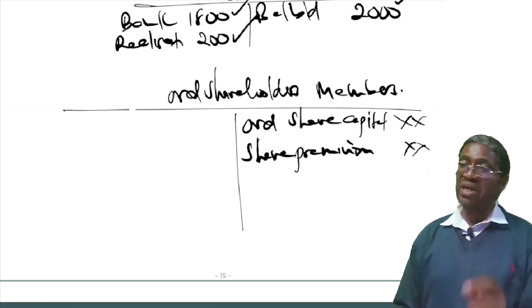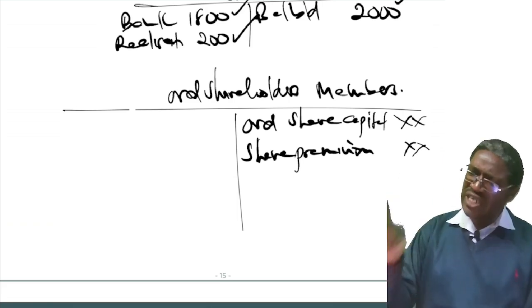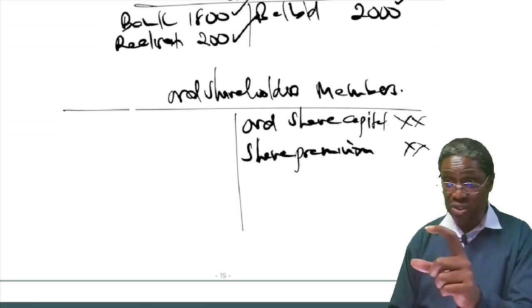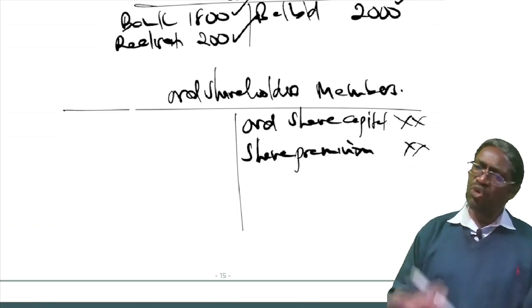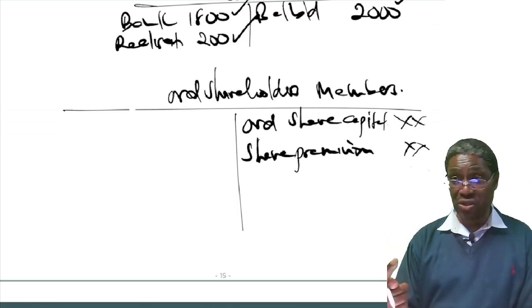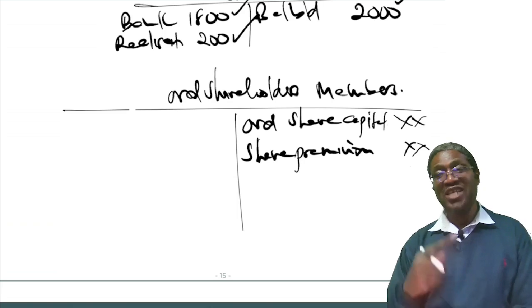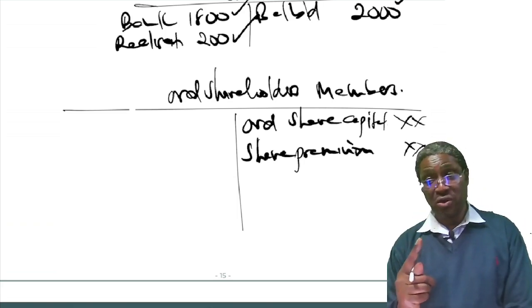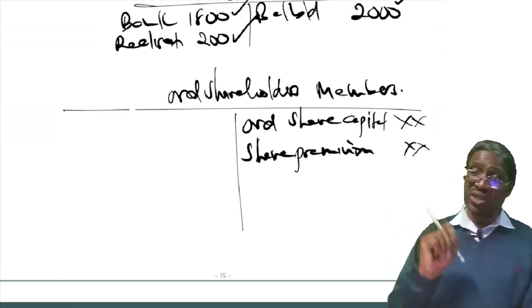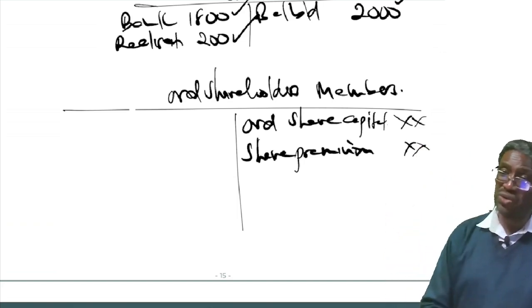Still under number 8, what if it's a negative reserve, like retained losses? Meaning, if you go to the P&L account of this company, you will find a retained loss. A retained loss is a debit balance. Losses are always a debit balance. So we want to give the owners of this company their share of that loss.